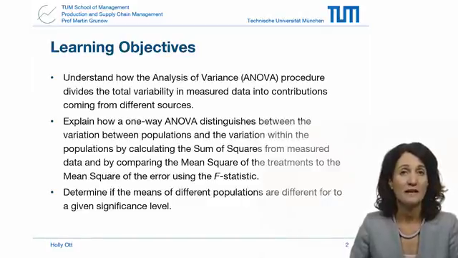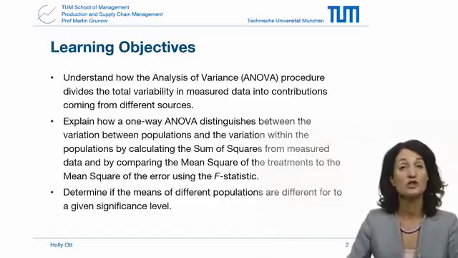We want to explain how a one-way ANOVA distinguishes between the variation between populations and the variation within the populations by calculating the sum of squares from measured data and comparing the mean square of the treatments to the mean square of the error using the F statistic.